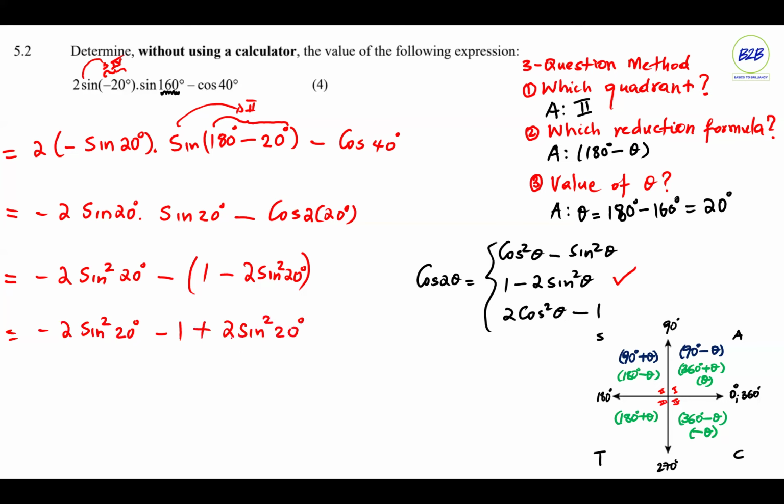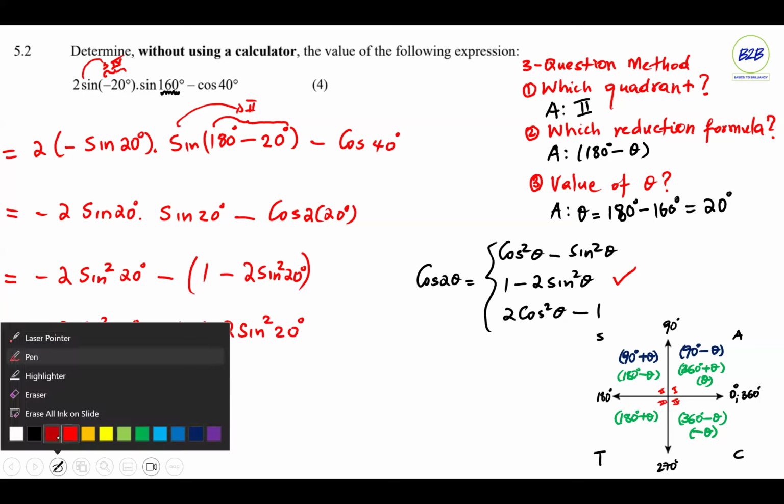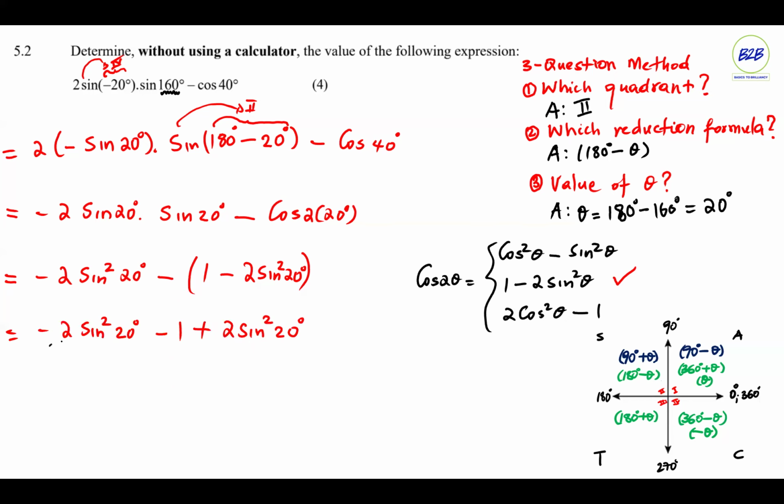And voila. Voila, folks. You see now, the first term cancels with the third term, as Malema would say. And then the answer that we have is minus 1.